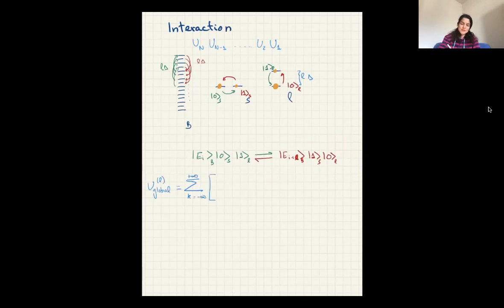And then we need to have the green transition. The green transition starts from this green initial state.